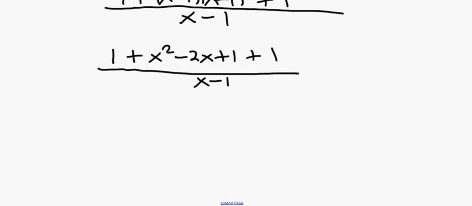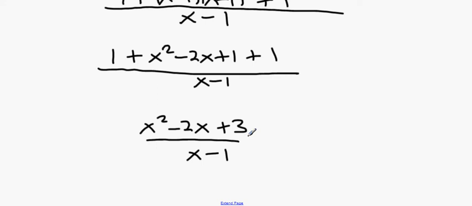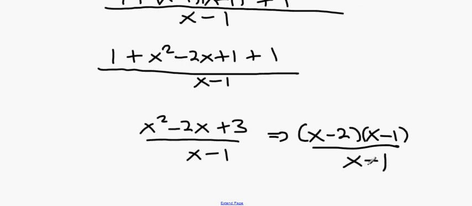And what I'm going to get here is x squared minus 2x plus 3 all over x minus 1. I can factorize this, and I get x minus 2 x minus 1 all over x minus 1. The two of them will cancel, giving me an answer of x minus 2.